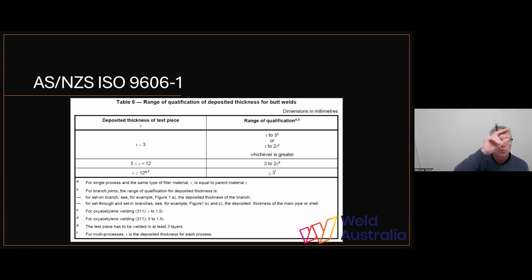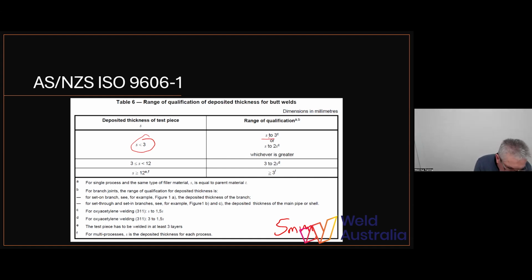So we've looked at a butt joint, and our designation said that the deposited thickness was 5 mil. Okay, let's say we deposited 5 mil. Now, we're looking at here. Was it less than 3 mil? Well, we know it's 5.